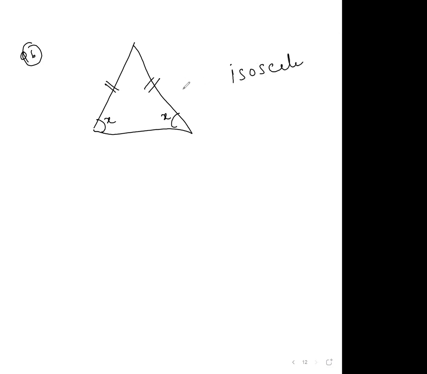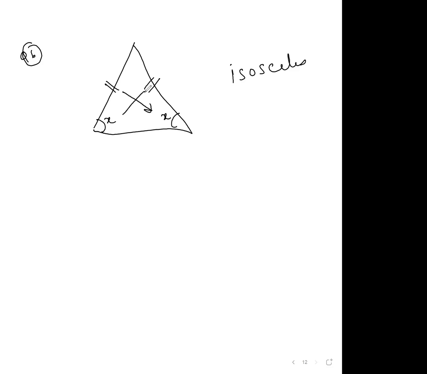Okay, fine. Hiba, in the 7th question, I'll give you a small hint. Take this as X and this also as X. Why? Because they are equal. What are equal? These two sides are equal. Remember the isosceles triangle, and the crisscross thing we used to do?